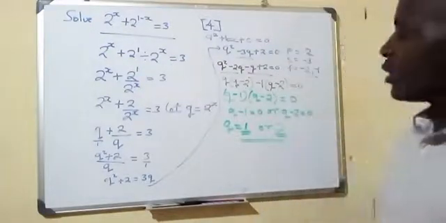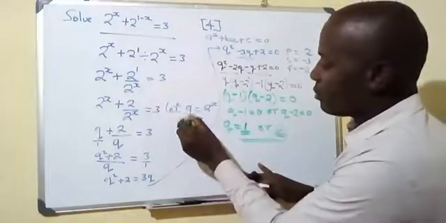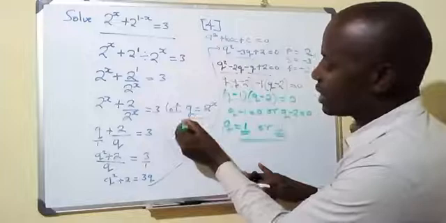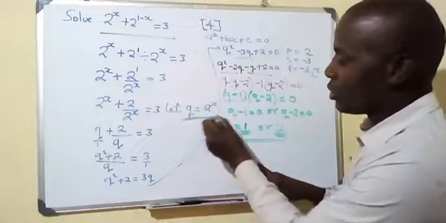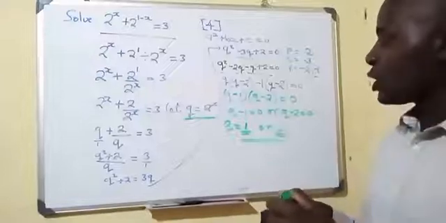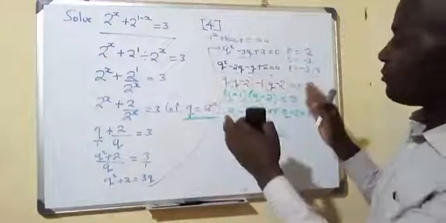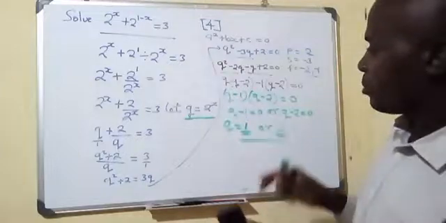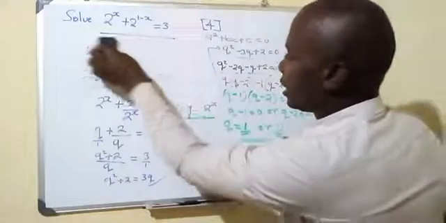The values of x can be found by replacing the values of q at this stage. Where we said, let q be 2 to the power x. So since I don't have enough space, I will write my final solution here.